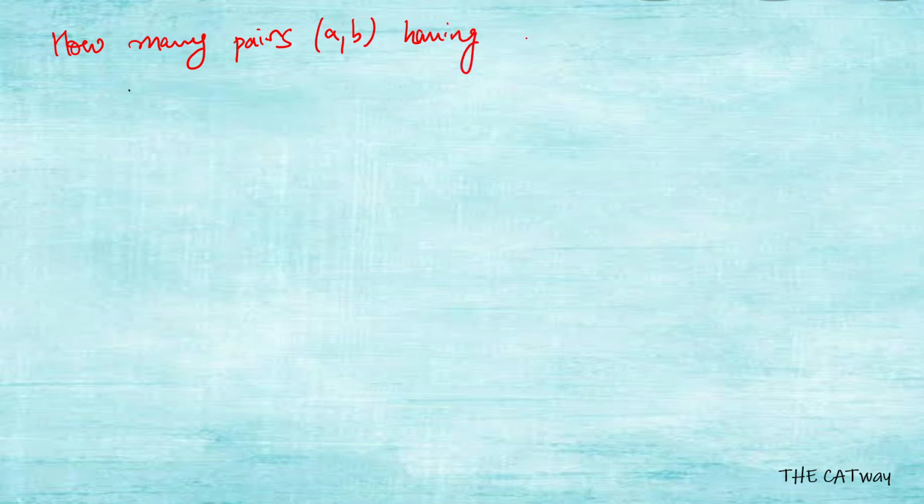Let's say the question is, how many pairs A comma B having HCF 7 and product 12,600. So we have to find the number of pairs.